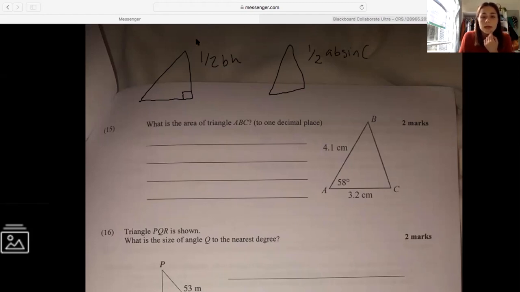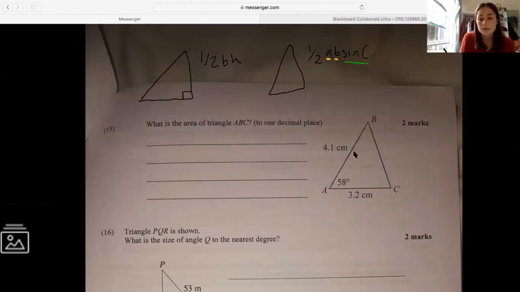So we know that these two here, A and B, are our sides, and C is an angle. So to do the area of a triangle, you have to have two sides and an angle. Right. And if we look here in our picture, we've got one side, two sides, and an angle.